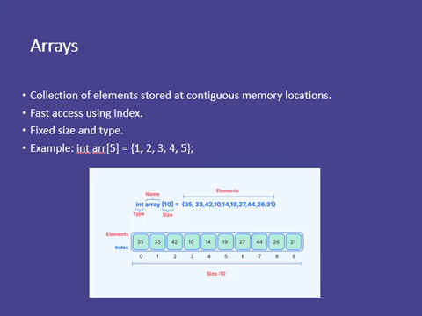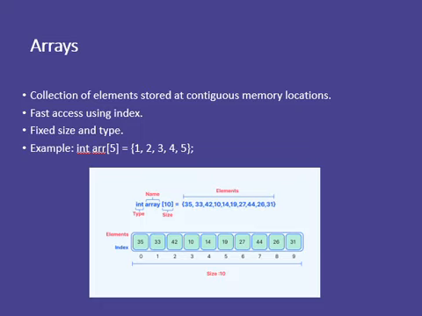Now there are some types of arrays: one-dimensional array, two-dimensional array and multi-dimensional array. Here is the picture of a one-dimensional array. As you can see, a one-dimensional array is the simple form of an array which consists of a single row of elements, all of the same data type.